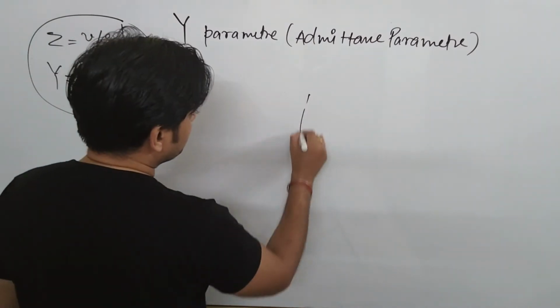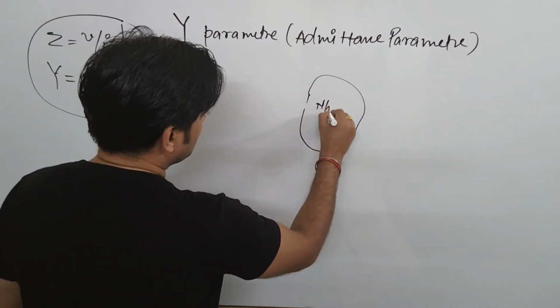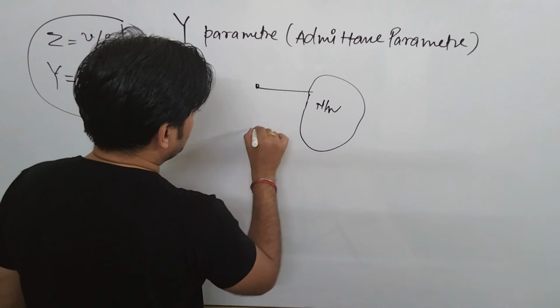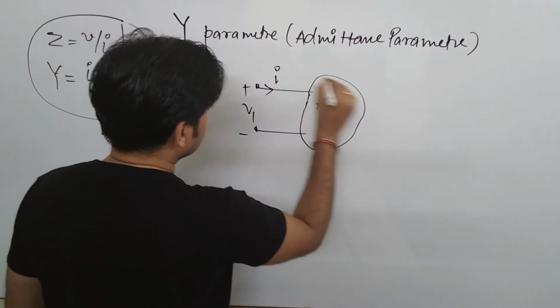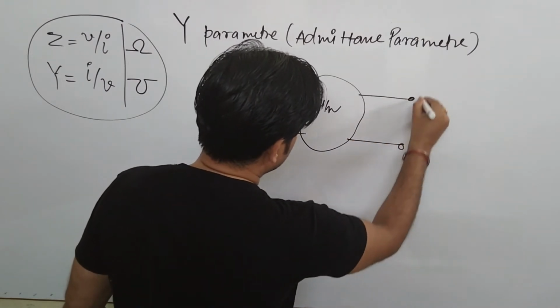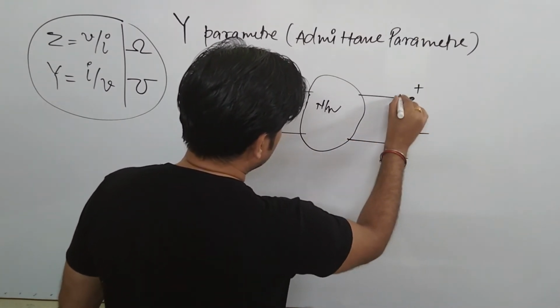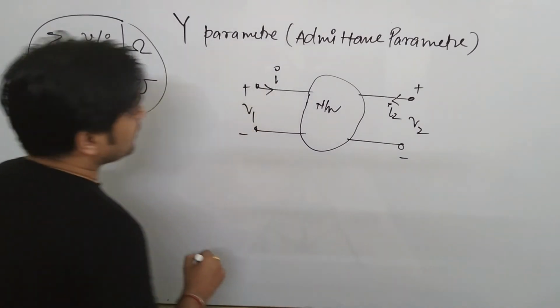With the same condition, if this is a network, and again the condition existing here is V1, I1, and here it is V2, I2.